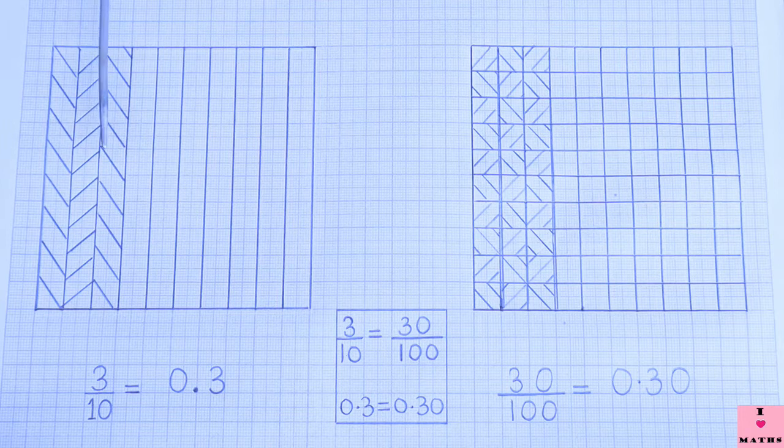1, 2, 3, 4, 5, 6, 7, 8, 9, 10. And out of the 10 equal parts, the first 3 parts have been shaded.